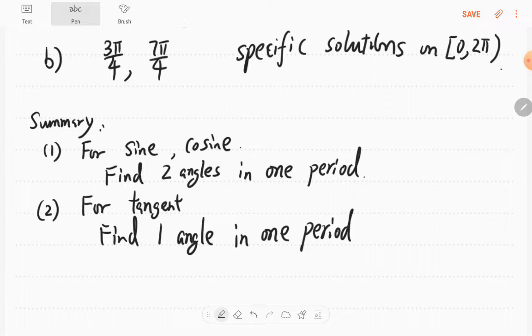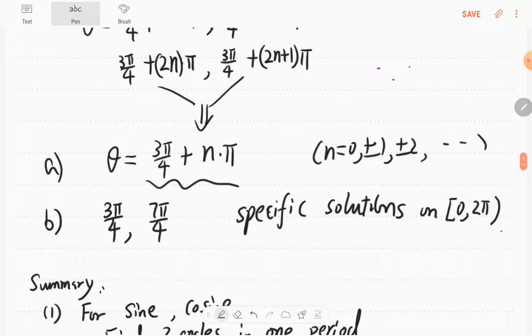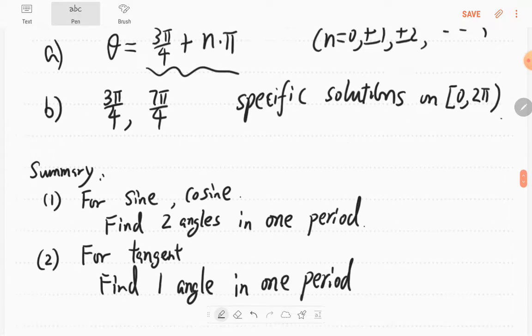We know the tangent has the period pi, so the principal period is from negative pi over 2 to pi over 2, right? But of course, you can choose the one in any period. It doesn't matter.